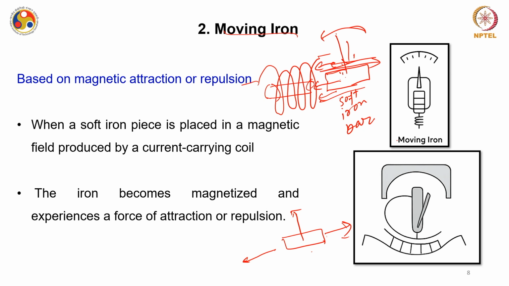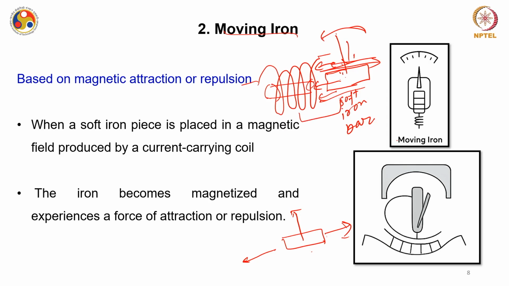So there is a movement in the pointer based on the interaction between this electromagnet and the soft iron, and the deflection can be detected by a pointer.